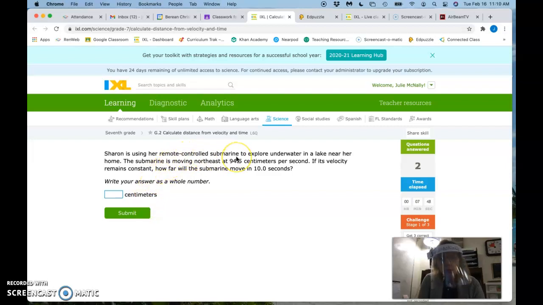So Sharon's using her remote control sub to explore underwater. The sub is moving northeast at 94.5 centimeters per second. So that's the rate. I'm just going to write it down right now.